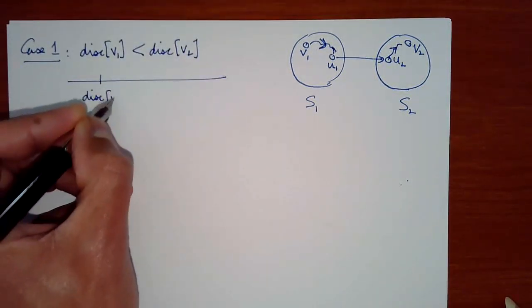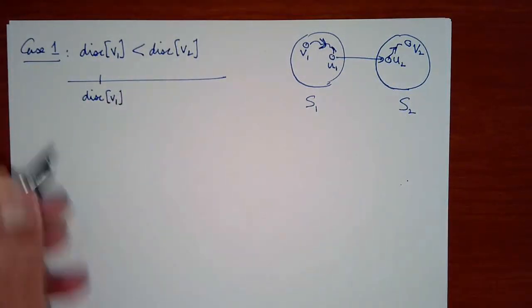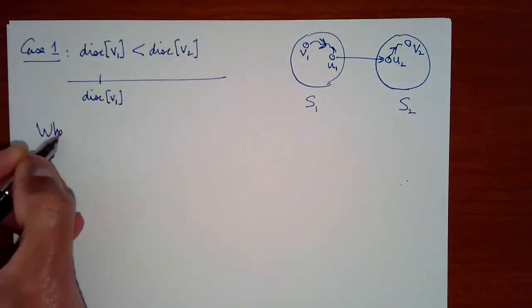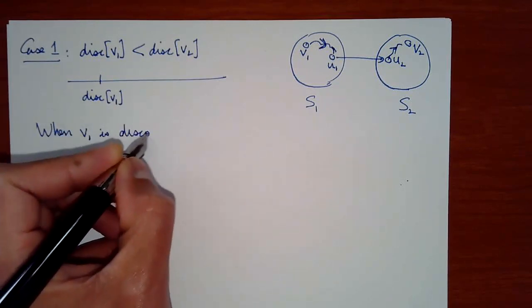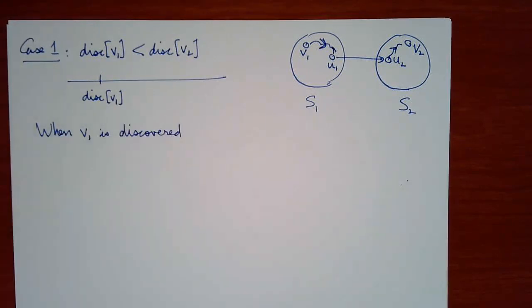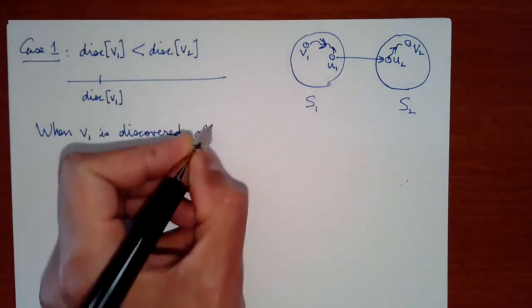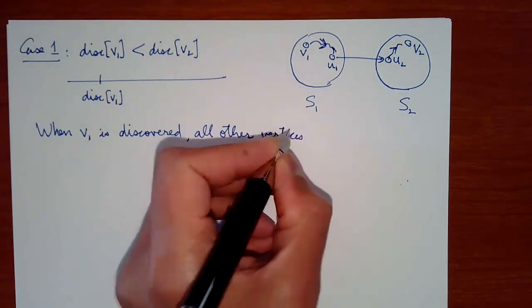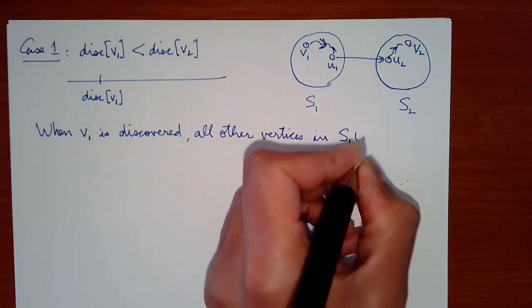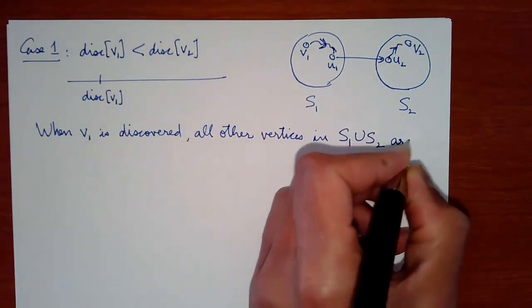The discovery of V1 is here. So when V1 is discovered, all other vertices in S1 union S2 are unvisited.